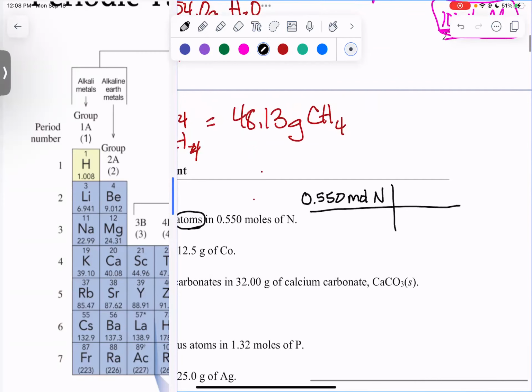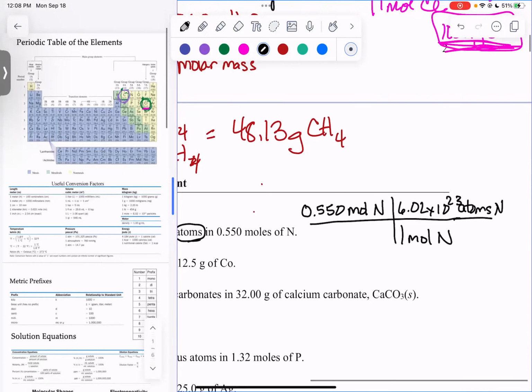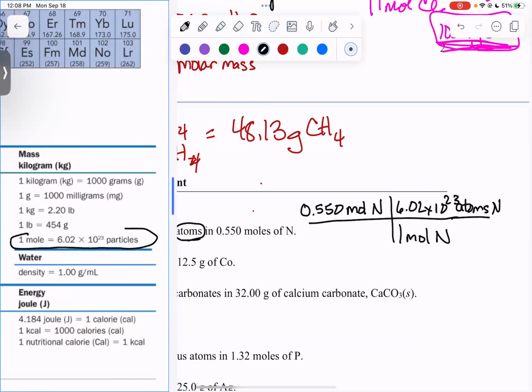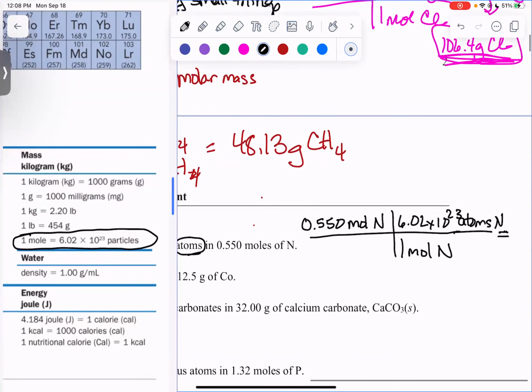So I know in 1 mole of nitrogen, I don't have to go to the periodic table, I just know that I have 6.02 times 10 to the 23rd atoms of nitrogen. Now, do you have to memorize that number? No, because here in your best friend, you have that relationship. Okay, it's equal to 3.31 times 10 to the 23rd atoms of nitrogen.